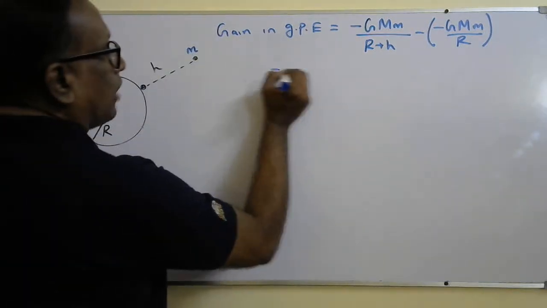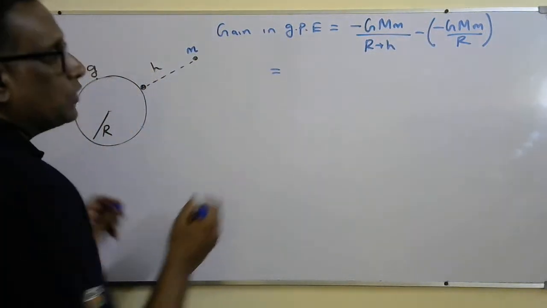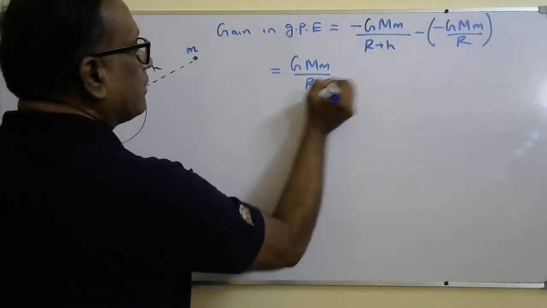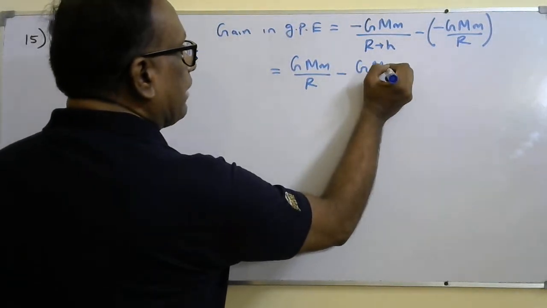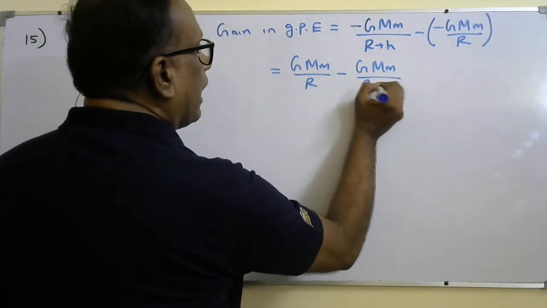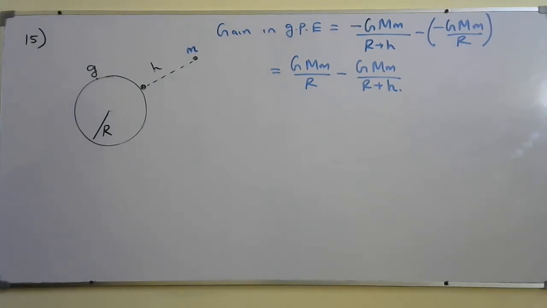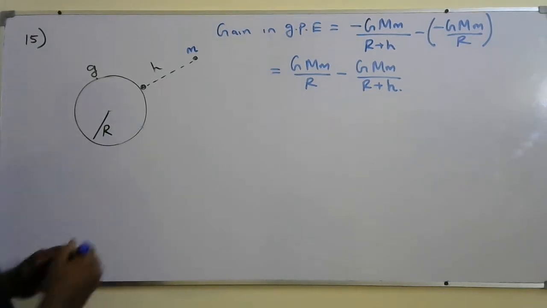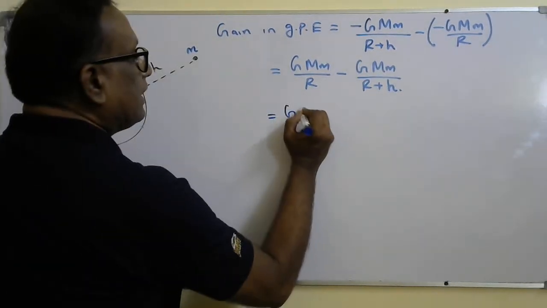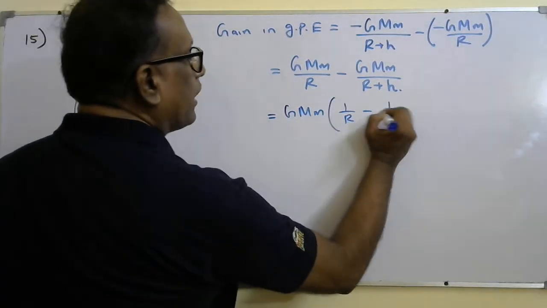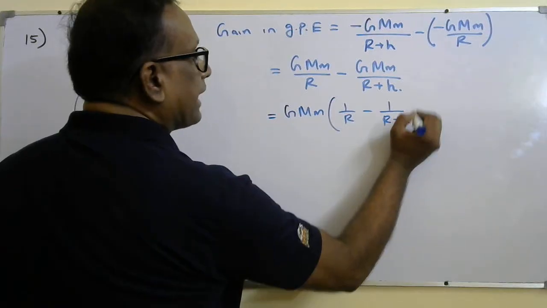Solve it. Minus into minus gives plus, so you get GMm over R minus GMm over R plus h. That's the gain in gravitational potential energy. Continuing, this is GMm times 1 over R minus 1 over R plus h.